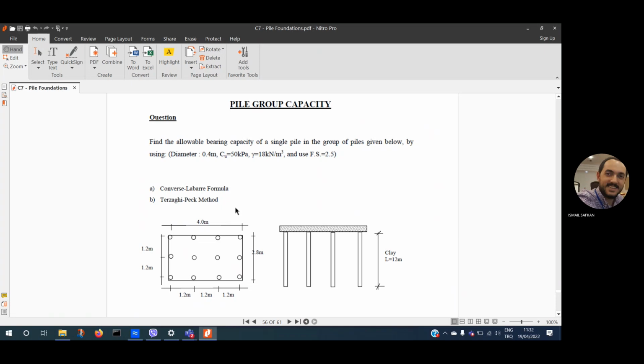Why do we have a group of piles? What is the main idea to have a group of piles? Why don't I have a single one in the middle? Why do we need it? Is it much more load? Much more load. Okay, so how can I achieve bigger load with fewer piles?